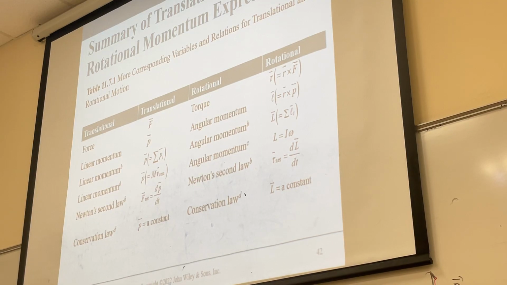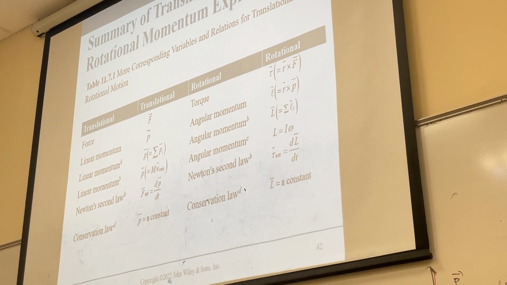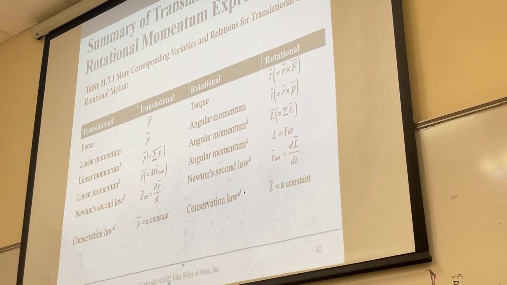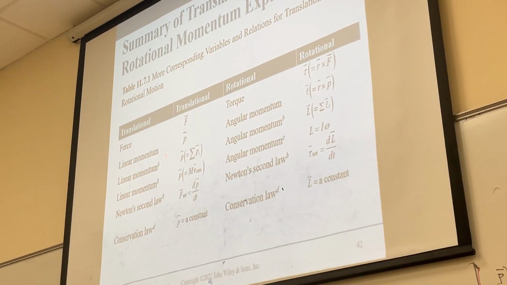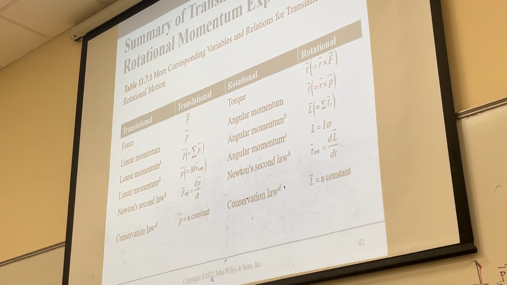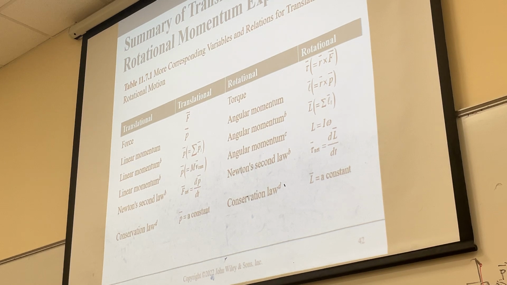So look at this table, which compares rotational with translational motion. You have the force, and the corresponding quantity for rotation is the torque. Instead of linear momentum, you have angular momentum. Linear momentum for a particle, and for a rigid body a summation, which corresponds to angular momentum for a rigid body, L capital summation.